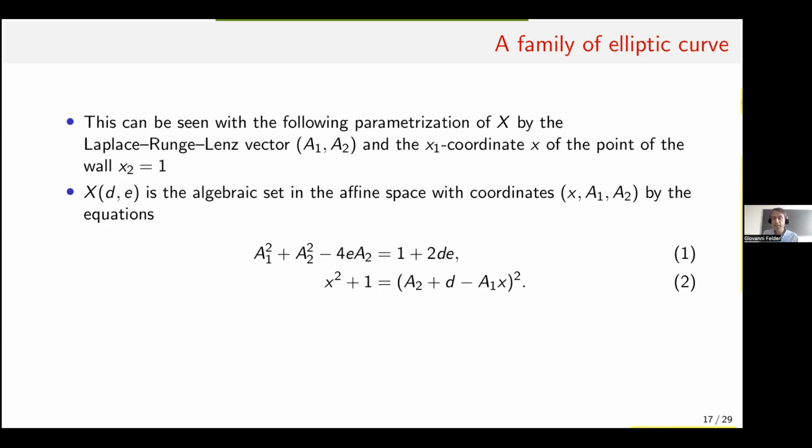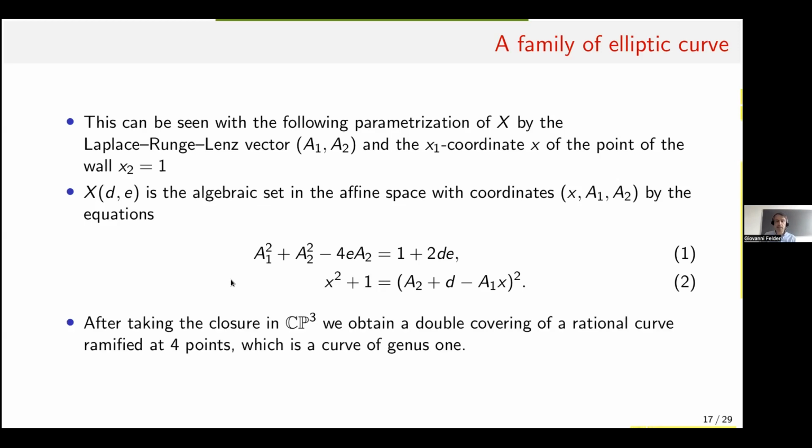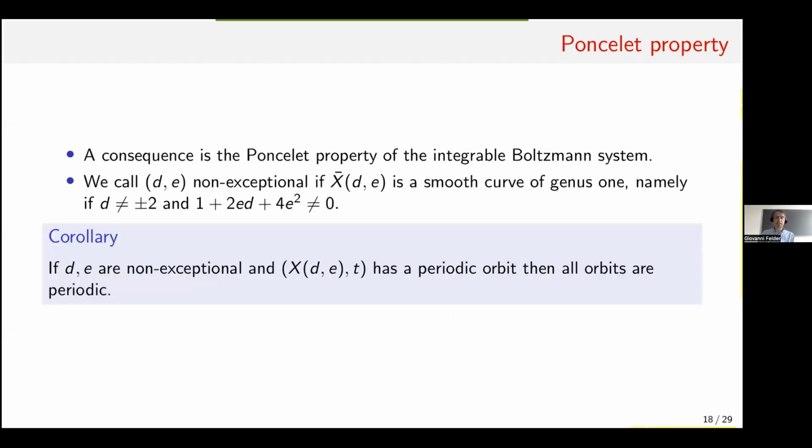And then you have a double cover, which is given by this x, and it has 4 ramification points, so it's a 2-to-1 covering of a rational curve with 4 ramification points, so it is a curve of genus 1, which is the same as an elliptic curve, at least if you fix a point. Okay, so this is how you see that.